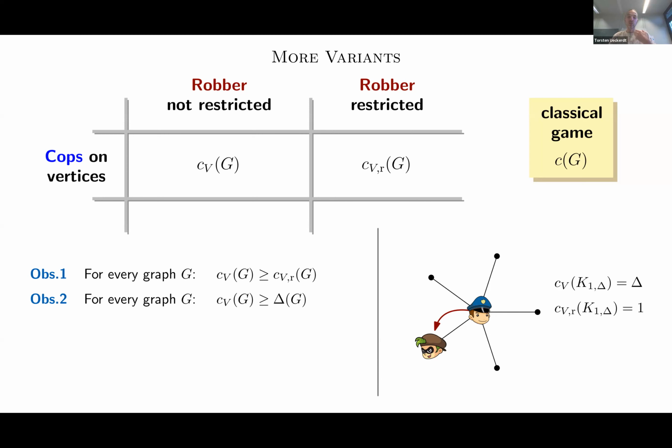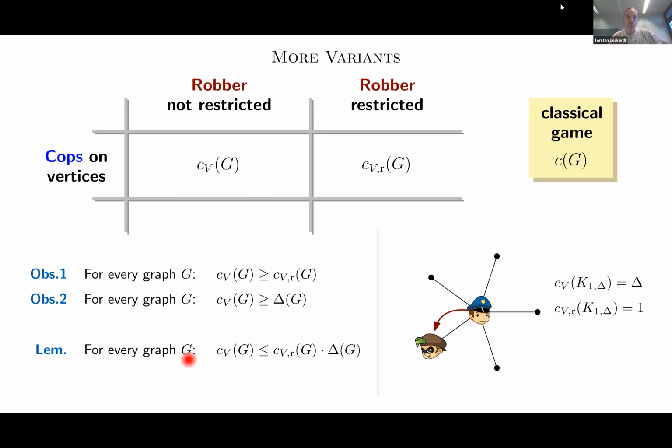So indeed, this restriction might make a huge difference. It might be that the star graph has in the restricted case only a cop number of 1, and in the unrestricted case a cop number of delta, the maximum degree. So there might be a factor of delta between these things. Actually, you can prove that there's always at most a factor of delta between these two things.